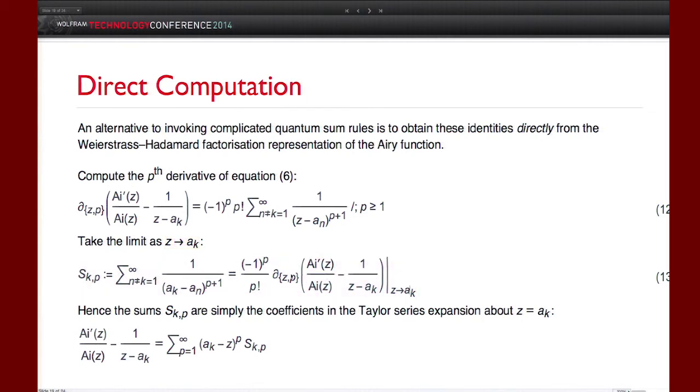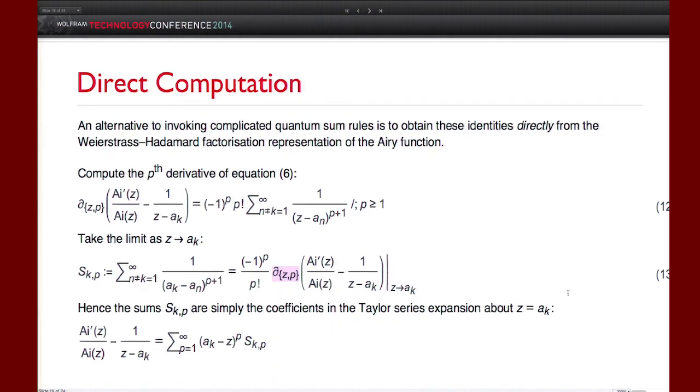If you look at this, we've basically got the pth derivative of this function evaluated at a point. And the bottom line that we get is this: on the left-hand side we have this logarithmic derivative of the Airy function with one of the poles taken out, and it generates all of their sums for them. So my point is that's a one-line command for generating every one of their sums. It's the whole paper that they essentially achieved.